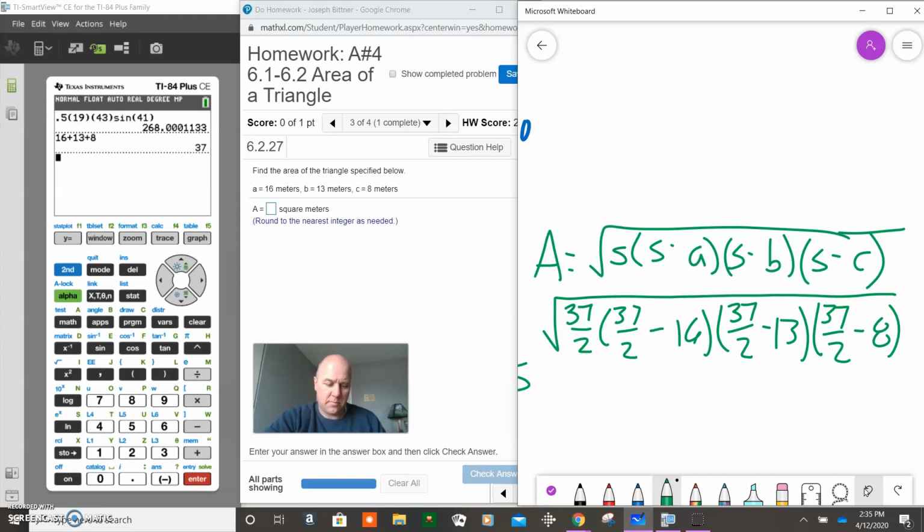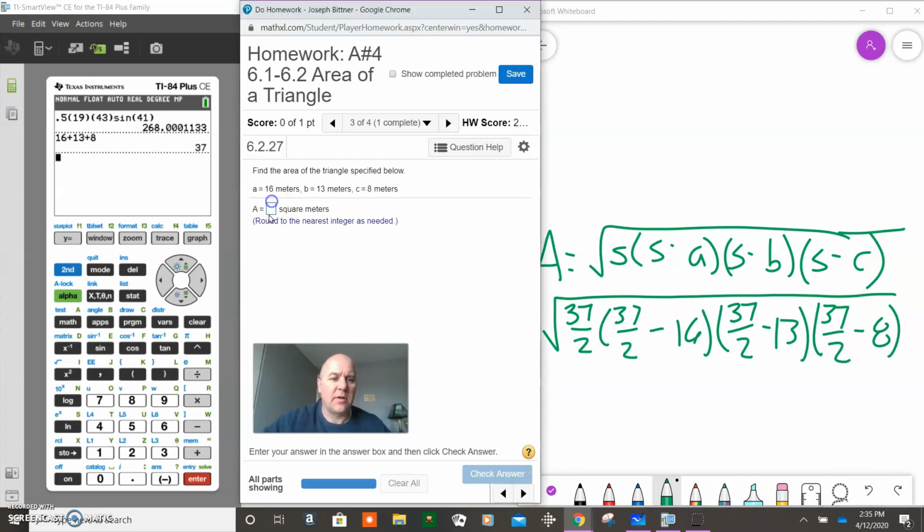Minus 16, minus 13, minus 8. And I got 51.6. Since it does say go to the nearest integer, which is just like a whole number, I'm going to round that up to 52, check my answer, and then there's my solution.